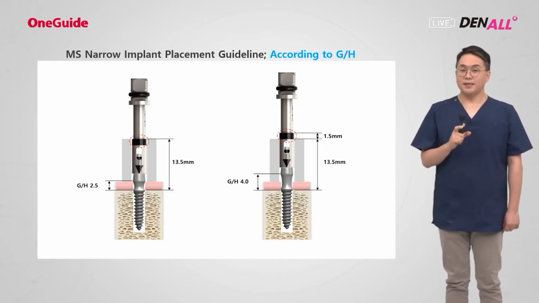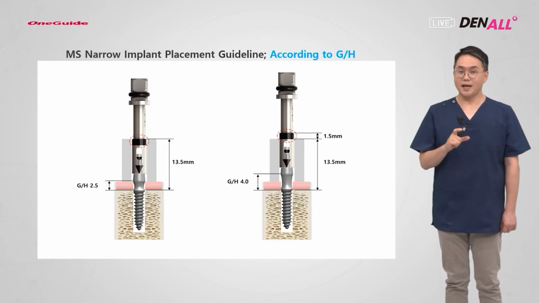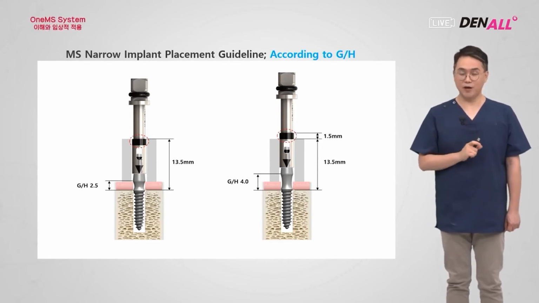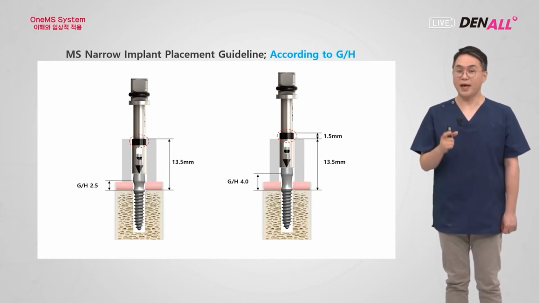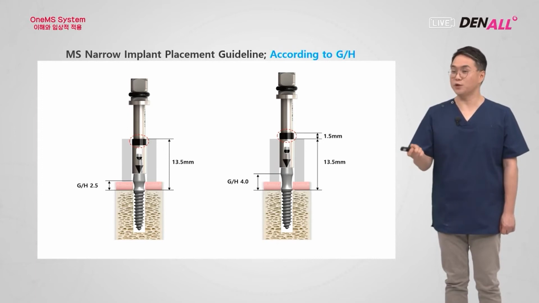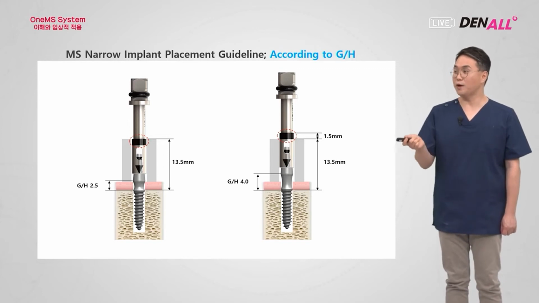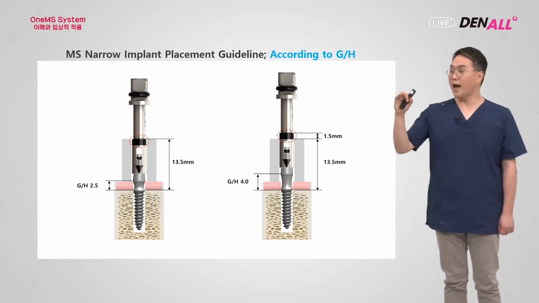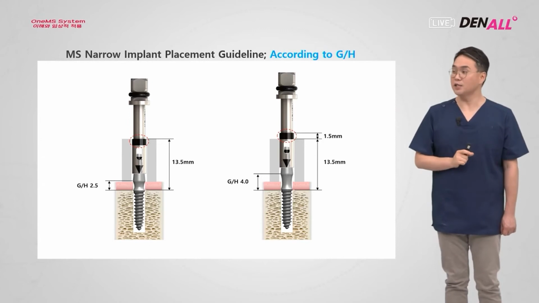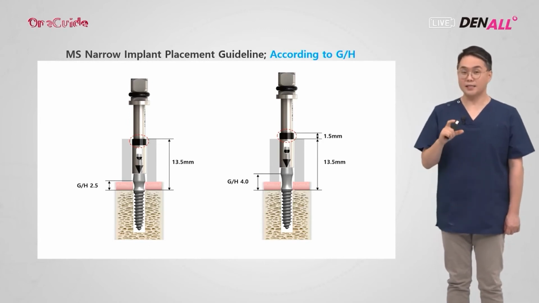Now, the MS implant narrow ridge type is a one-body type, and for gingiva height there are two variants, 2.5 and 4.0. So the implant's gingiva height will determine the depth that you need to go to. For MS, you have a dedicated fixture driver, and there is a thick line; between the top and bottom of the line, the gap is 1.5 millimeters.